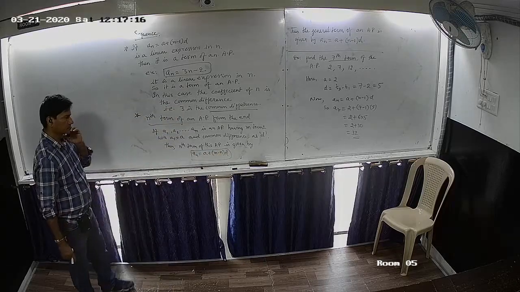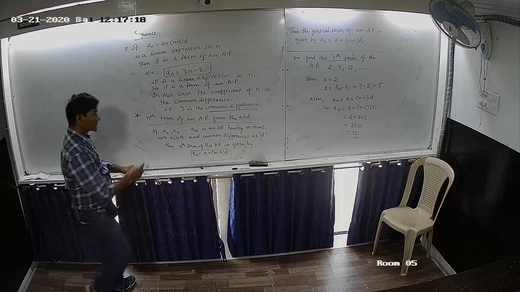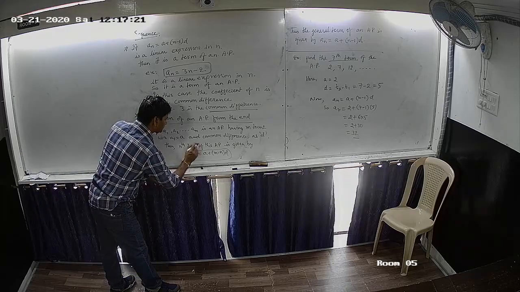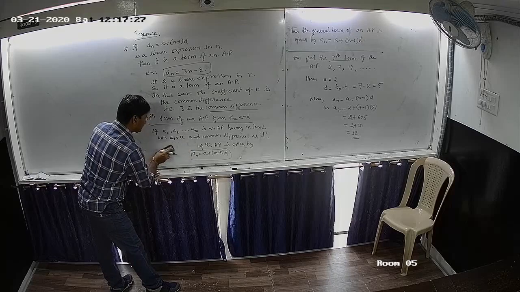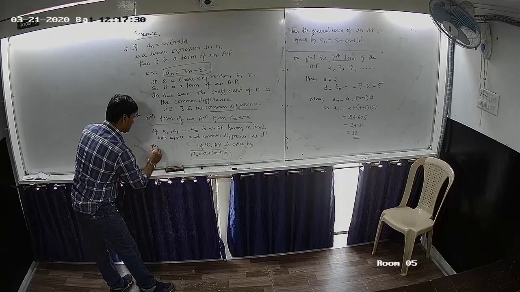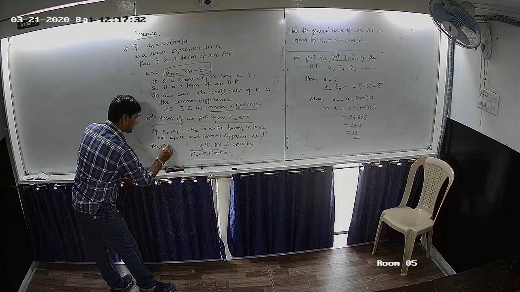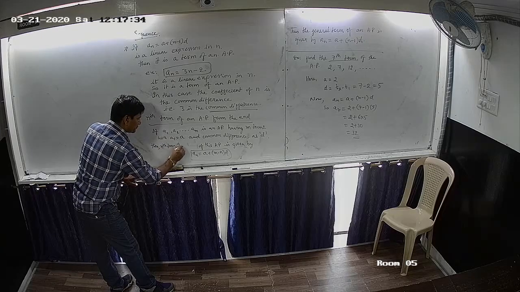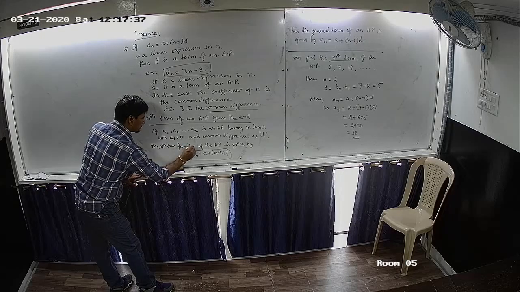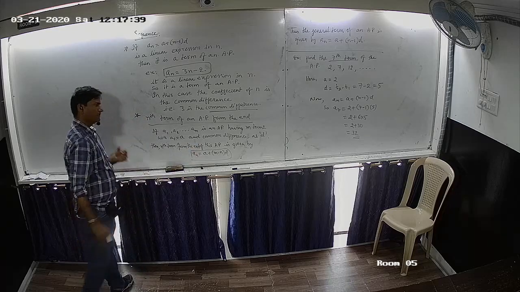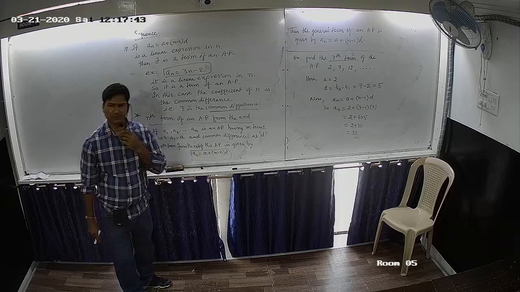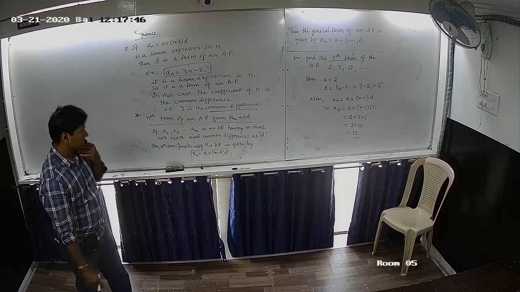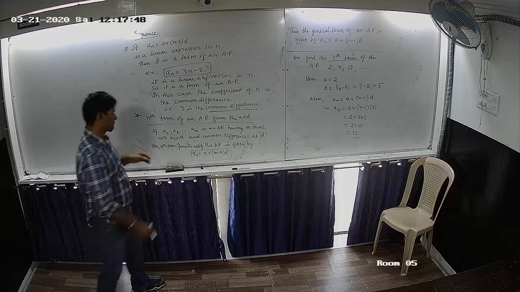The first term from the end of this AP is given by an is equal to a plus m minus 1 into d. This result also you must remember.